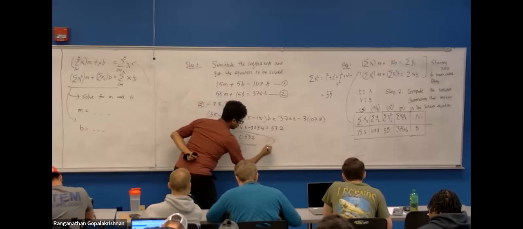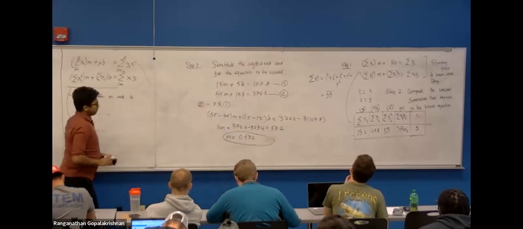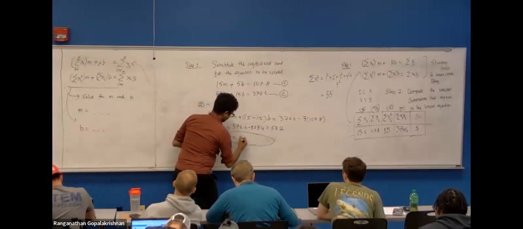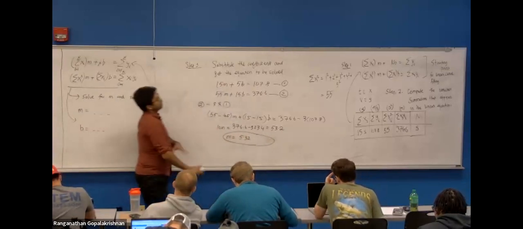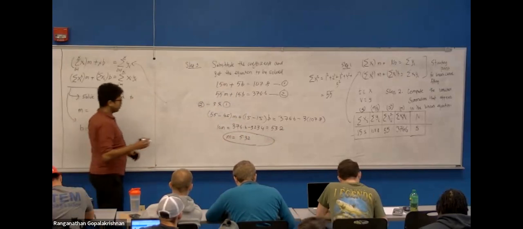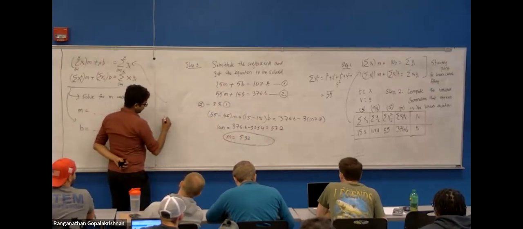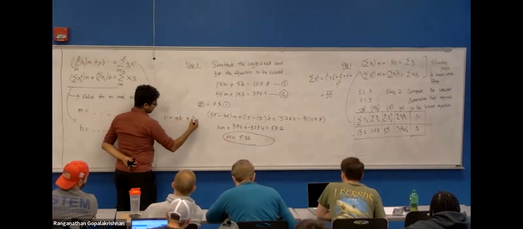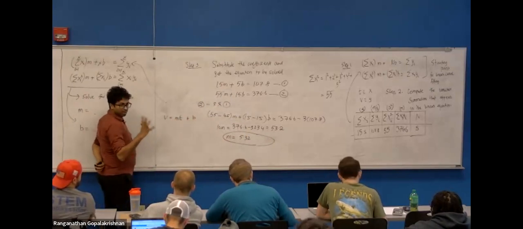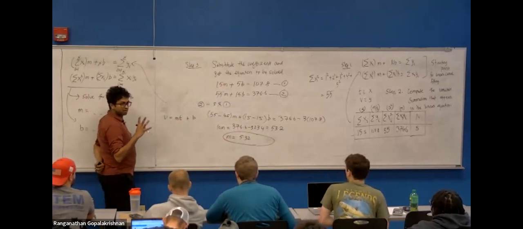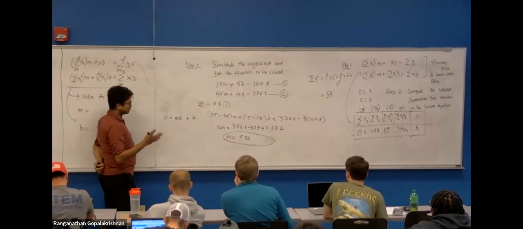What is the unit of m? How do you figure out units? So you have v equal to m times t plus b. Pay attention. I'm sure you have seen this in your fluid mechanics class or your mechanics of materials class.